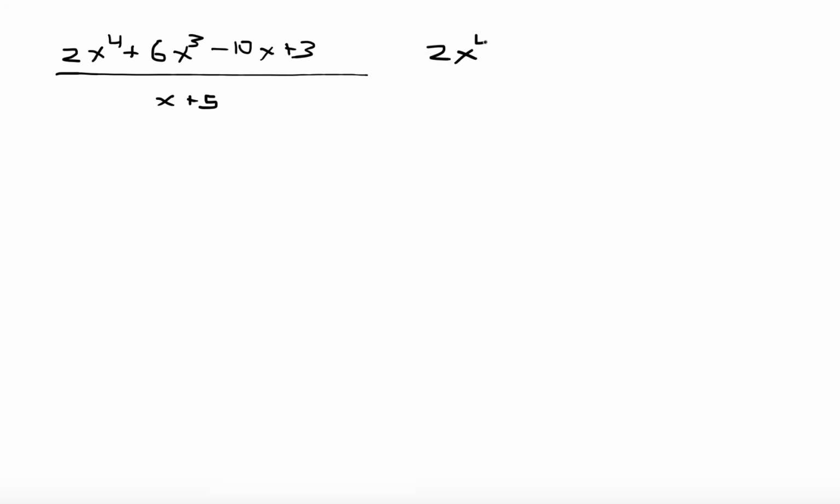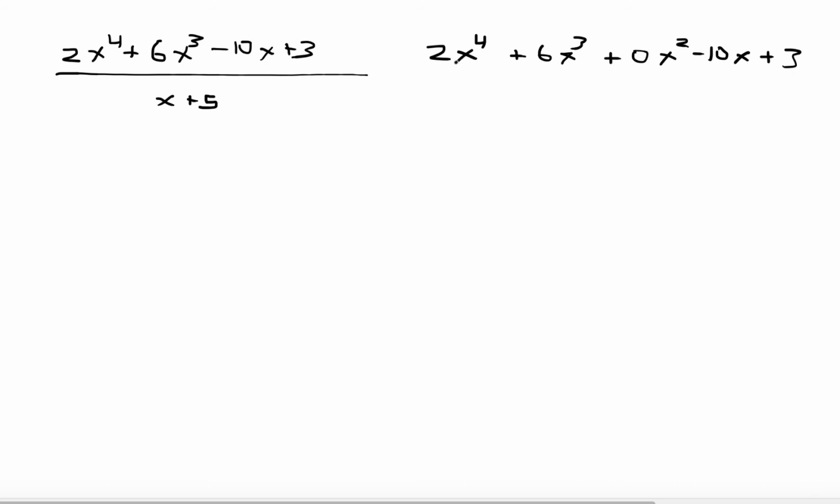So what we should do is rewrite it as 2x to the fourth plus 6x cubed, but then put in a plus 0x squared. The reason I want to do so is because we definitely don't want to combine unlike terms. So we're going to rewrite the dividend so that it includes every power of x, so you want to make sure you do that.